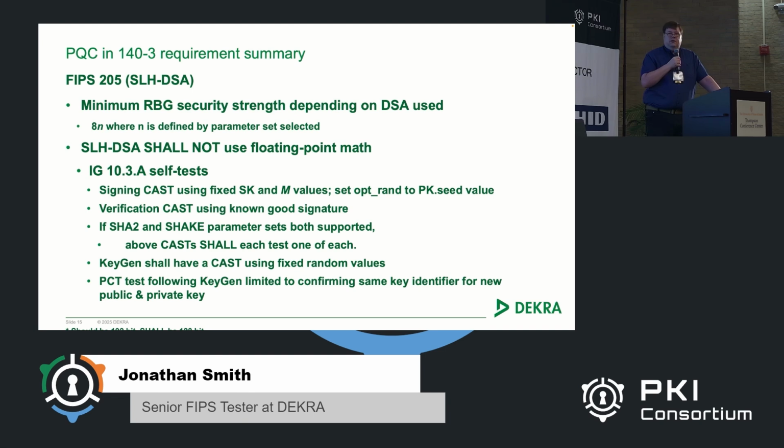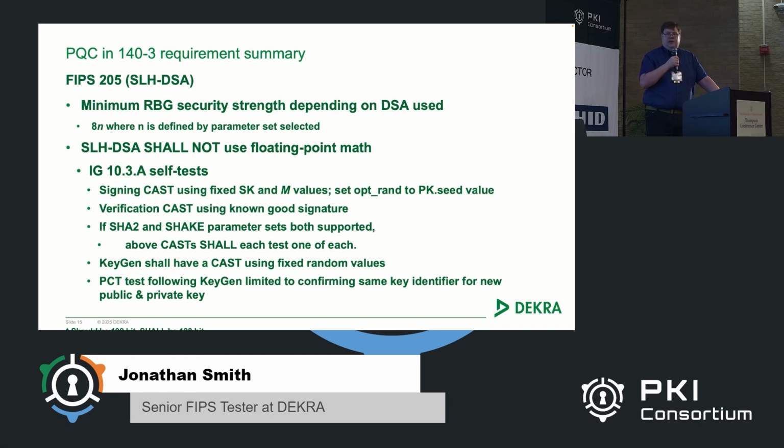And then our last one, SLH-DSA, we've got the same random bit generator security strength requirements again, same no floating point math, similar self-tests, except the variation on this one is that this is defined with both SHA-2 and SHAKE parameter sets, and if you support both types of parameter sets, then you must self-test at least one of each type of parameter set.